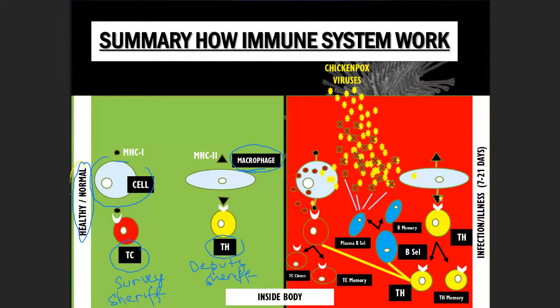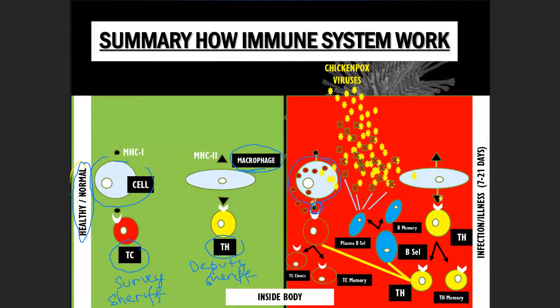Okay? But if something happens, like for example, chickenpox viruses enter into our system, then what happens? It will cause infection in this cell. So this is the infected cell. When the cell gets infected, it gives the marker, the sign. This is the time when the TC will know that, oh, okay, there is an infection, then the TC will become active.